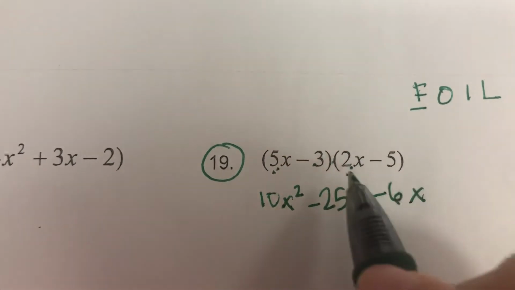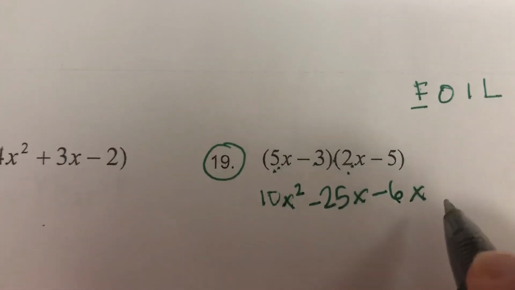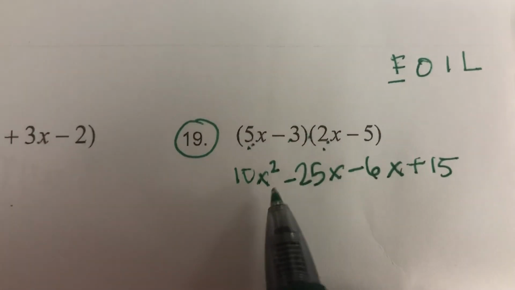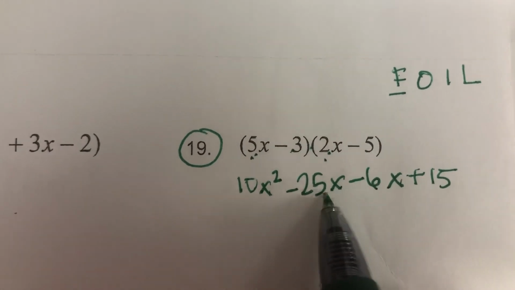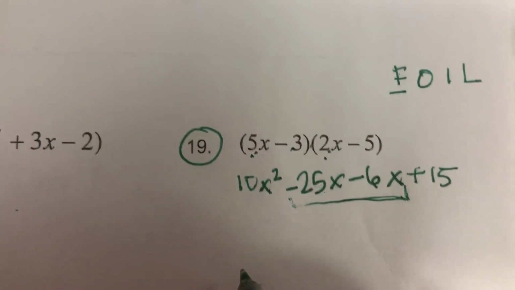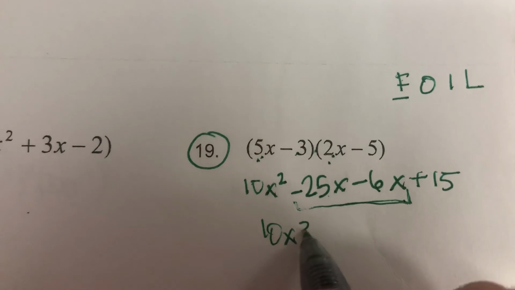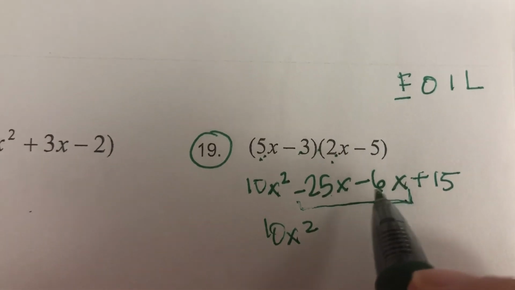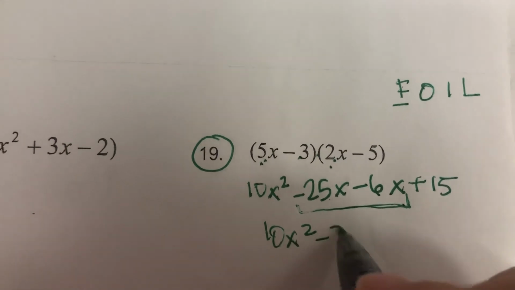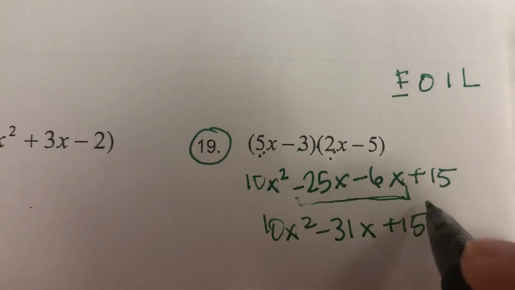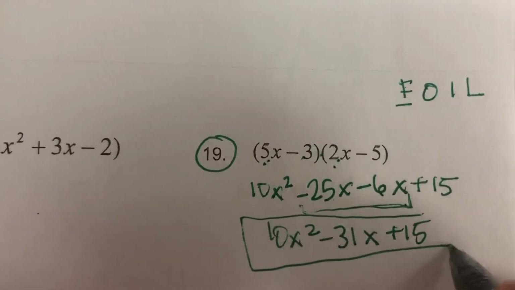And then your last terms, so negative 3 times negative 5 is a positive 15. If you look at this expression, you see that there are 2 x terms in the middle that can be combined. So we have a 10x squared. We have negative 25x and we have minus 6x, so that's a negative 31x plus the 15. And there's a quick example on how to FOIL.